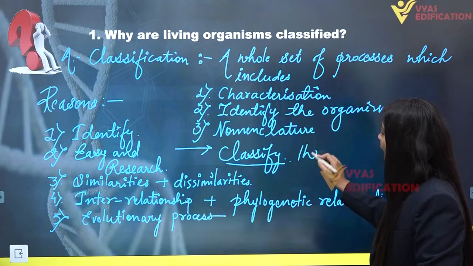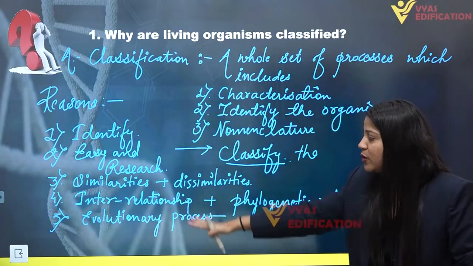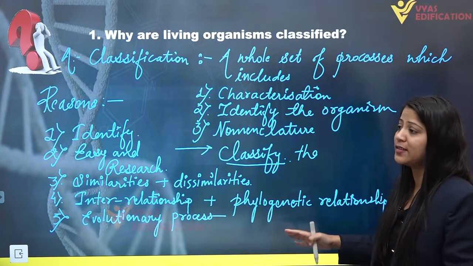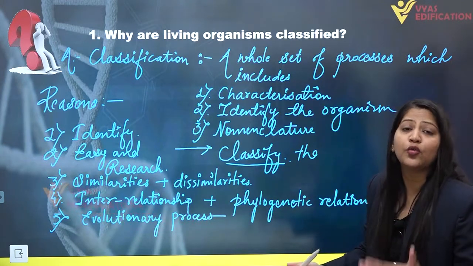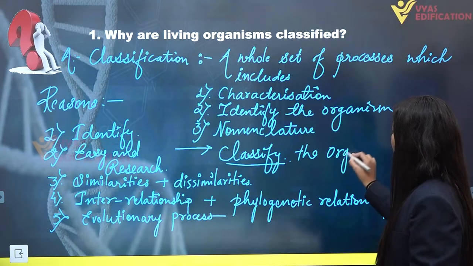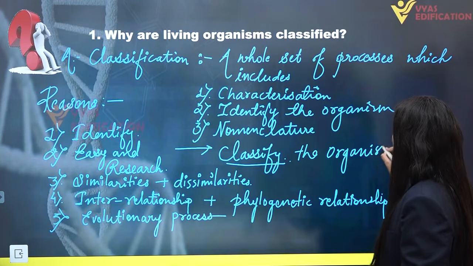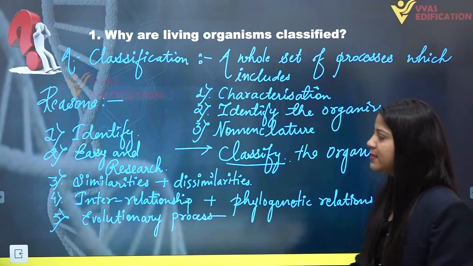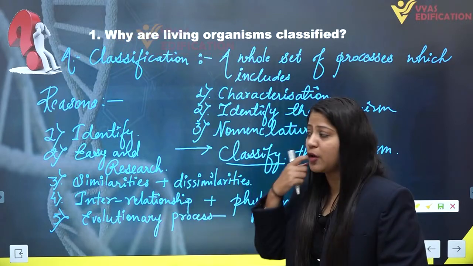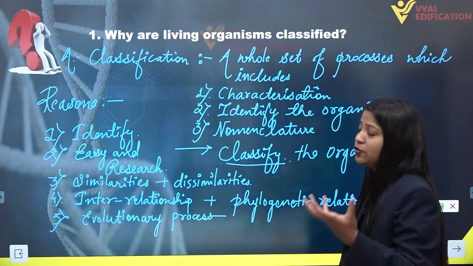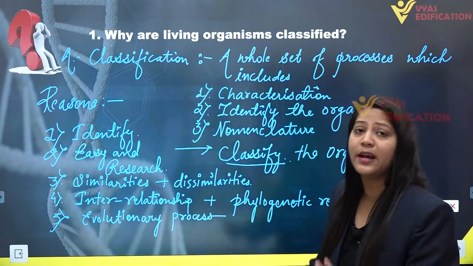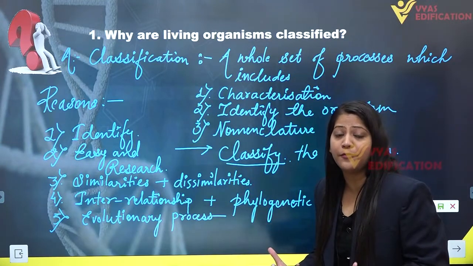And here are the reasons why we need to classify living organisms into different groups. First, we identify organisms. Then it helps make our study easy and convenient, and we can do research on them further.